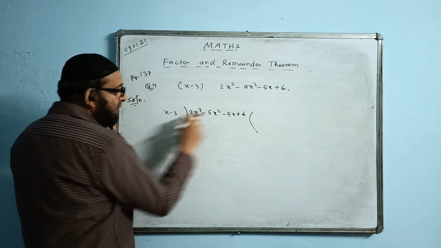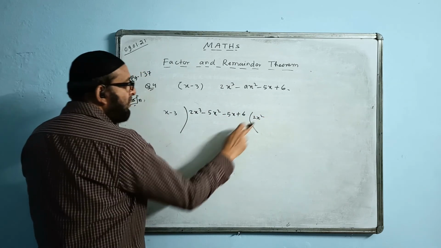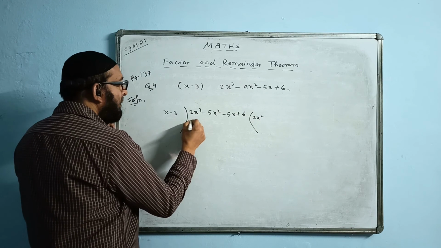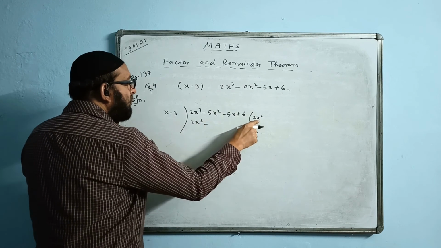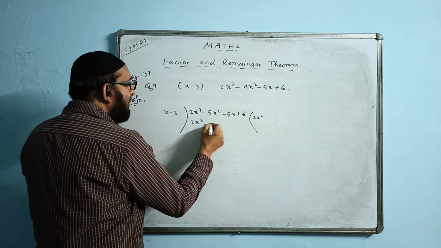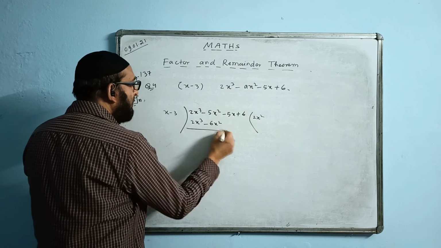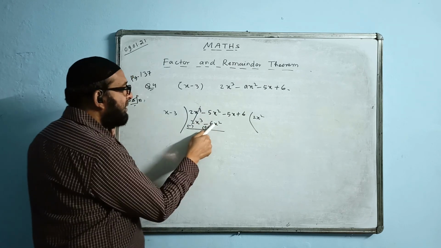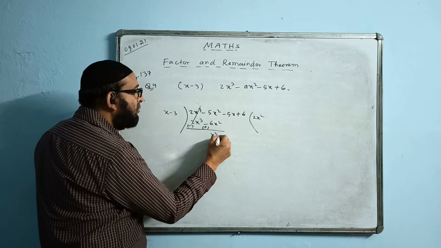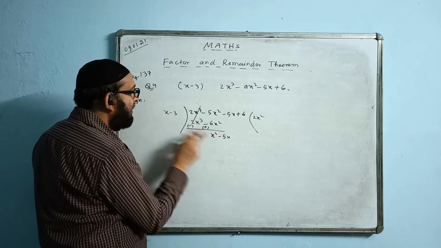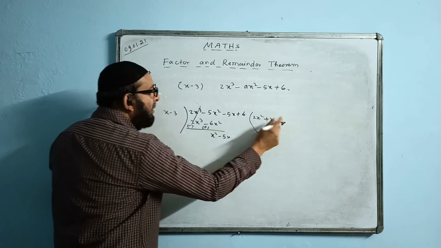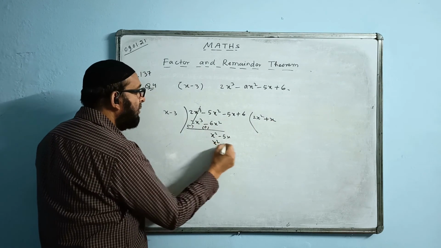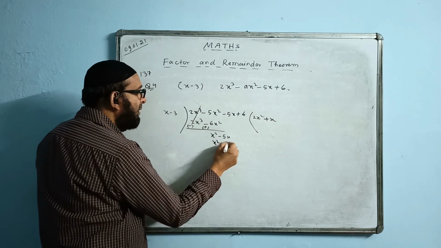x and 2 is there, so first we write 2x squared. 2x squared into x gives the answer 2x cube, minus 2x squared into 3 will give minus 6x squared. Change the sign, minus becomes plus, this will go. 6x squared minus 5x squared gives x squared minus 5x. x and x squared will go x times. x into this is x squared, minus x into 3 is 3x.